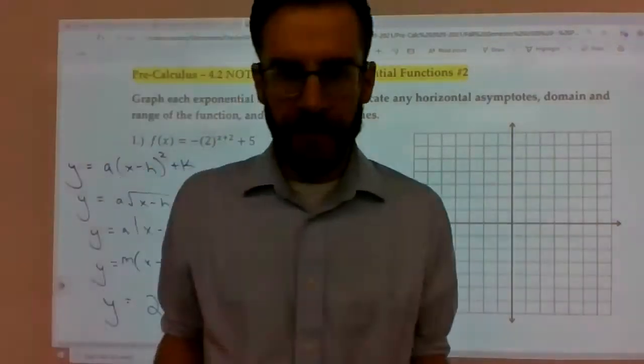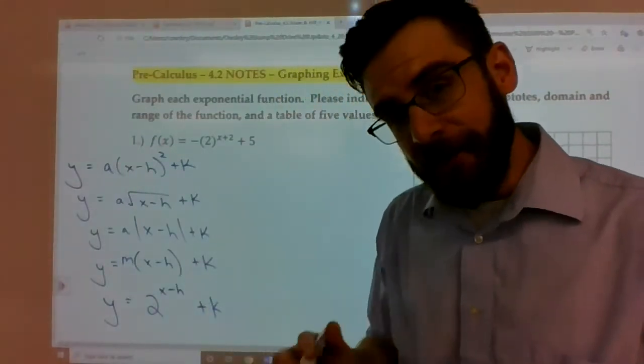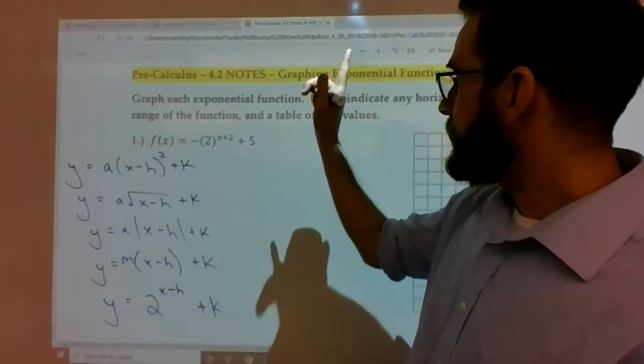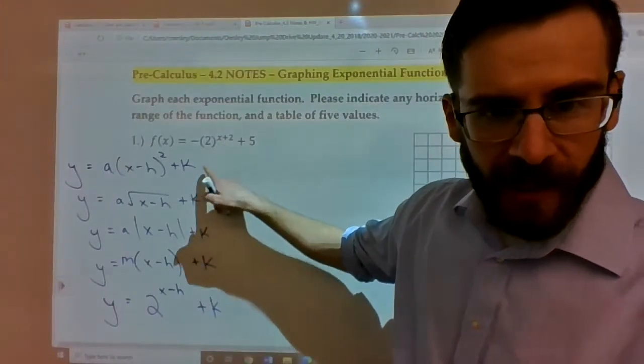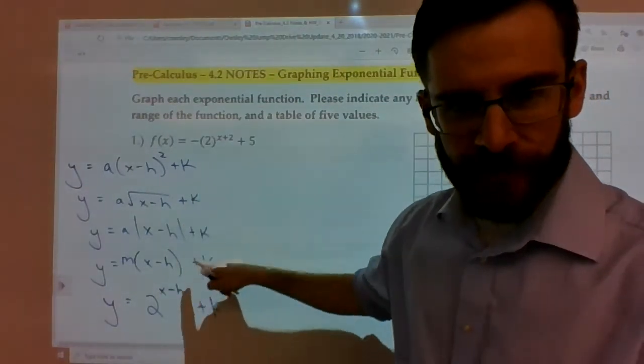And from there you can see, if it's affecting the exponent, we're going to have a lot of similarities between these two, right?